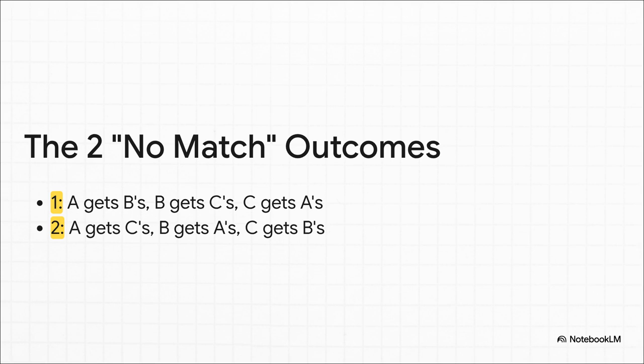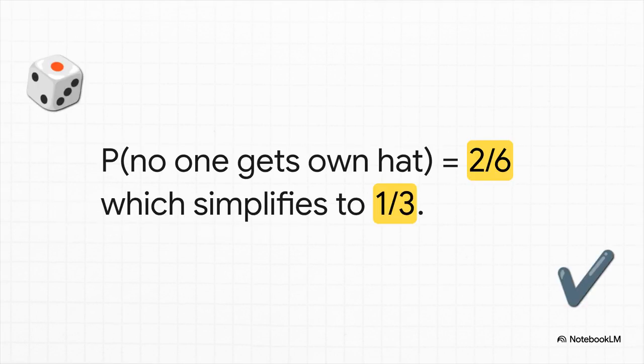A gets B's, B gets C's, and C gets A's. In the other case, they just rotate the other way. In every other combination, at least one person gets their own hat back. And just like that, we can solve our original puzzle. With 2 successful outcomes, meaning 2 derangements, out of a total of 6 possible permutations, the probability is simply 2 divided by 6, which simplifies to 1 in 3.